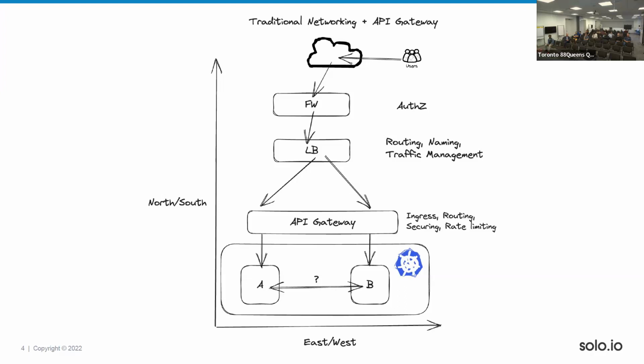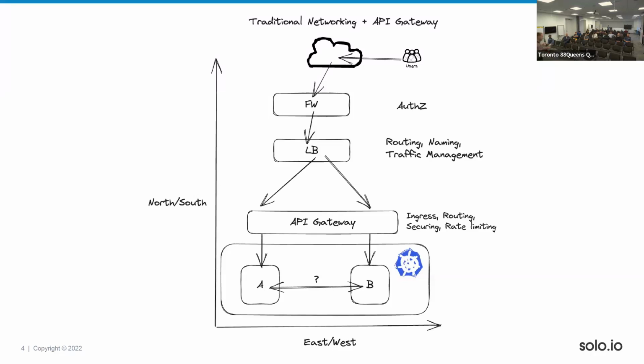An API gateway is a centralized gateway, really not that new. I guess we had some form of API gateway in the form of mainframes once upon a time. But API gateways are useful because you can take some of the load off the firewall and the load balancer, and start doing things like ingress and routing rules, which are a little more dynamic.